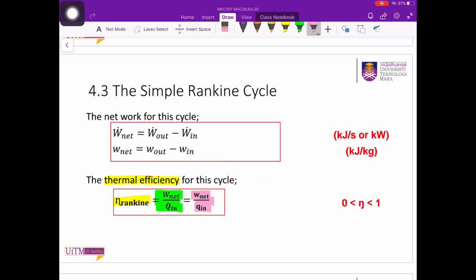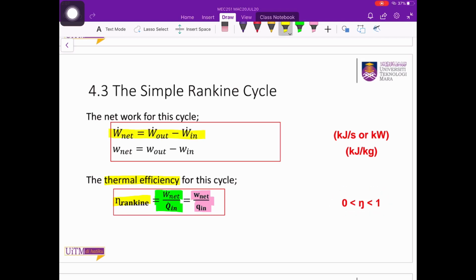The thermal efficiency for the Rankine cycle is given by power net out divided by heat transfer rate in, or equal to net work out divided by heat transfer in. Note that the value for the thermal efficiency will be between 0 and 1.